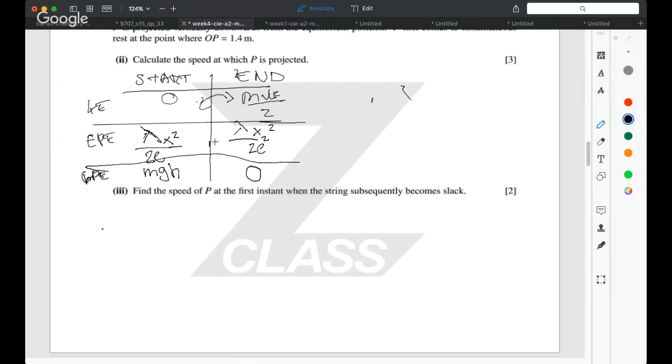At the end we'll have 0 here, and we'll have MGH. Will we have 0 here too? No, we will have one half m P squared, since there must be a speed, to find the speed P. Then I can equate it and find P. Okay.